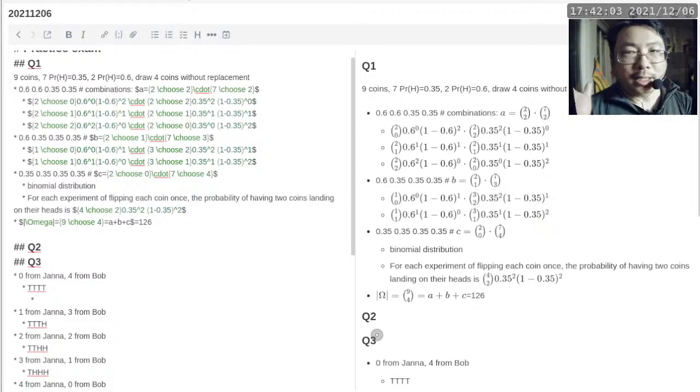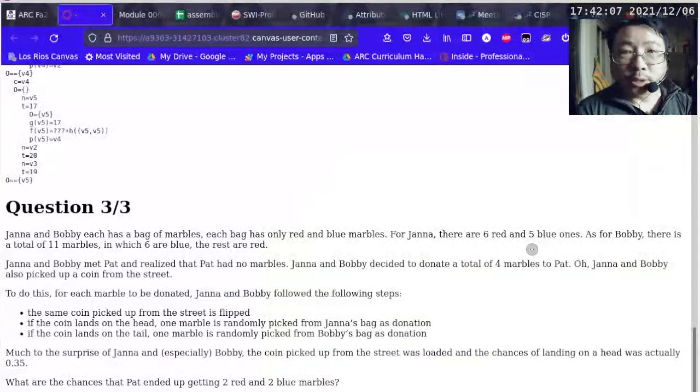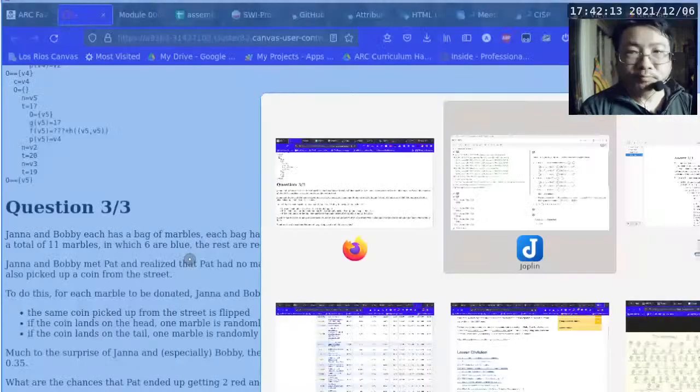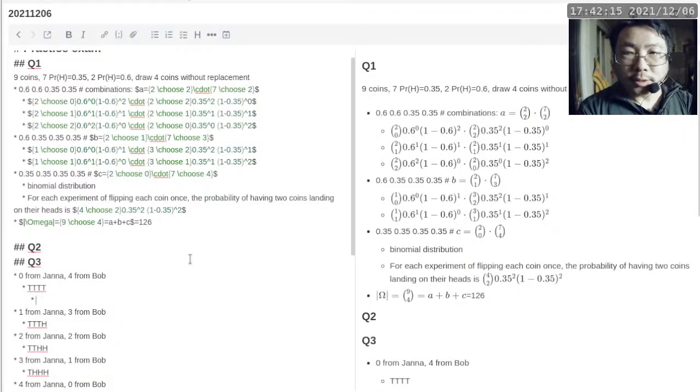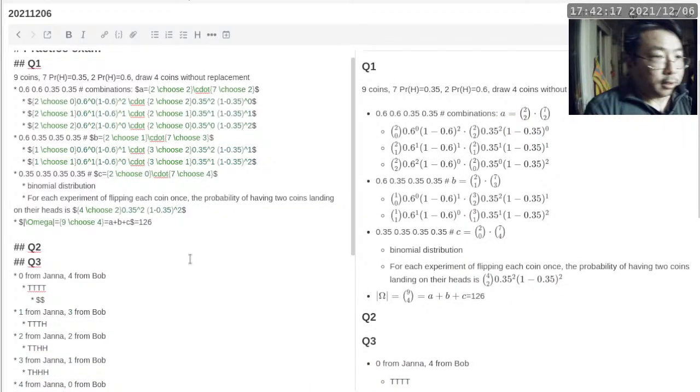That would be kind of easy peasy, right? Because we know from the initial condition that Bob has a total of 11, 6 are blue, so 5 are red. So in this case, we basically just have to figure out, exactly, we multiply those two.